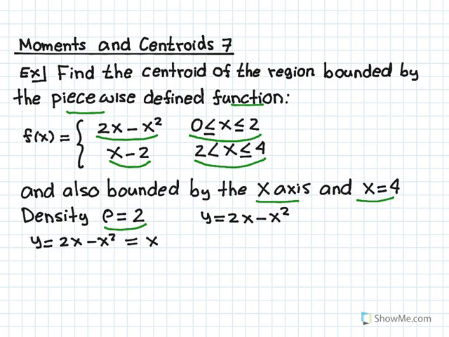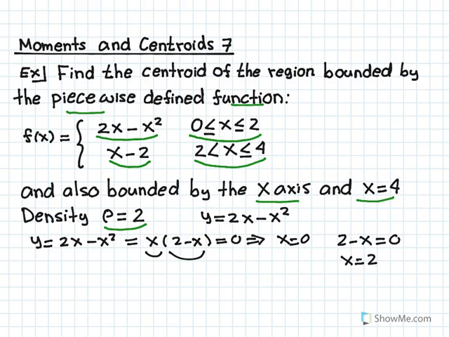Factor the x out, we get x times (2 minus x), and make this equal to 0. x equals 0 makes this factor 0, and 2 minus x equals 0 gives x equals 2. So the x-intercepts are x equals 0 and x equals 2, for this downwards pointing parabola. It's downwards pointing because the coefficient of x squared is negative.